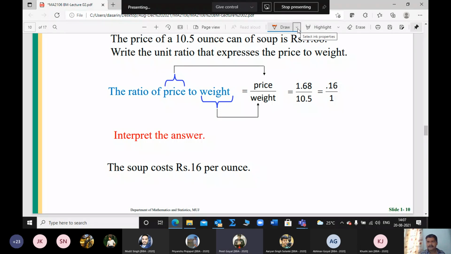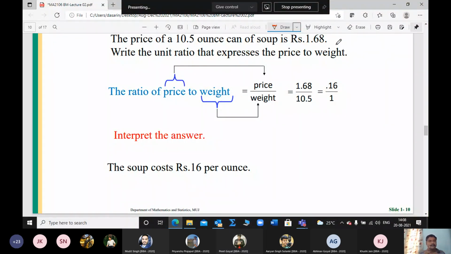What is the cost of 1 unit? 1 is how much? That is 1 divided by 10.5 multiplied by 1.68. That also gives the same answer.